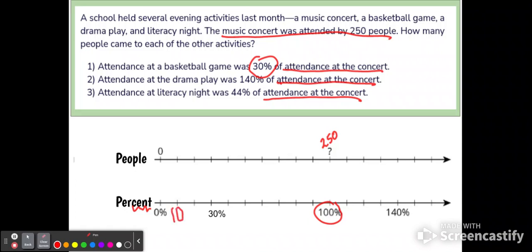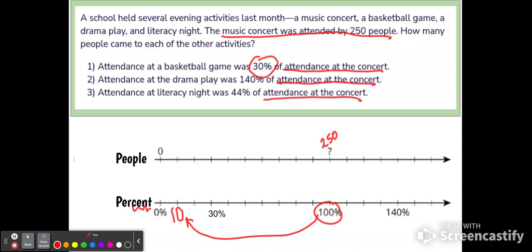If I scale down to 10, counting by tens gets me to 30. It gets me to 100 because I know there are 10 groups of 10 in 100. And if I'm looking ahead, it can even get me to 140 because I know there are 14 groups of 10 in 140. So we're going to scale down to 10. How do I do that? I'm going to figure out that multiplicative relationship.